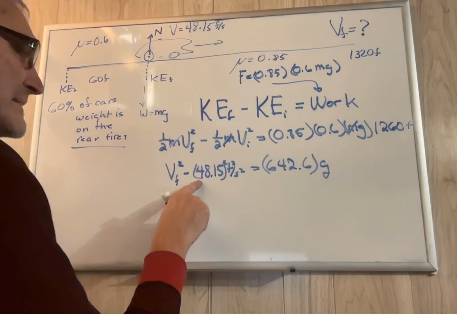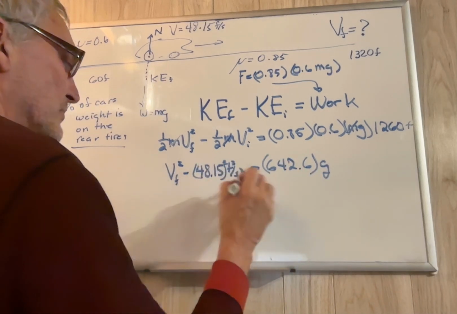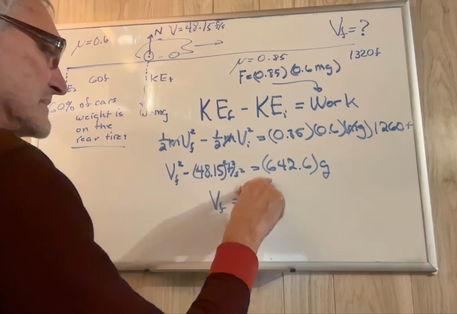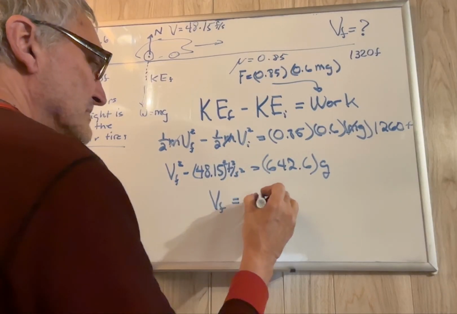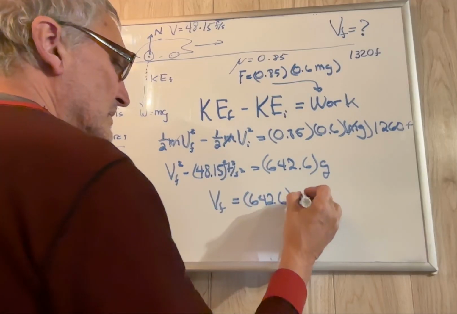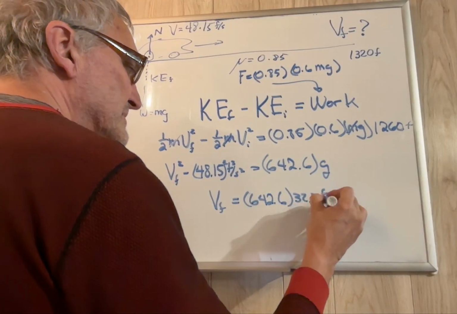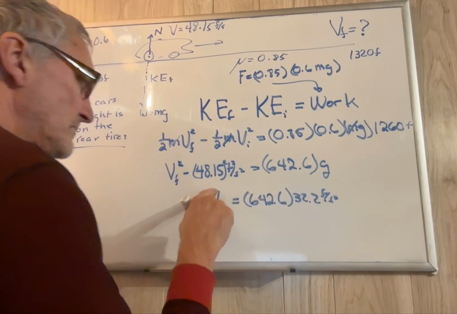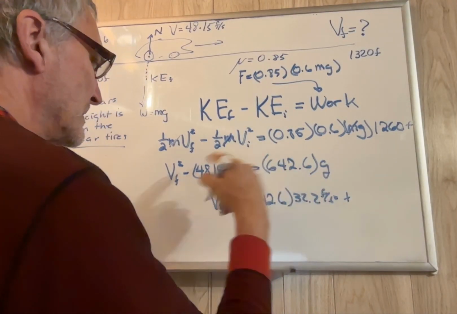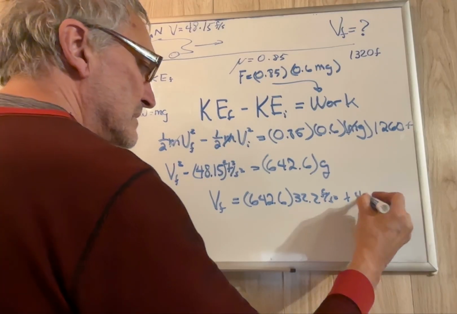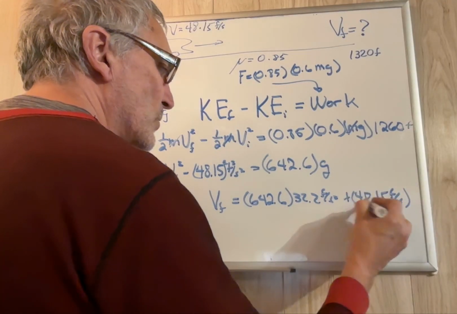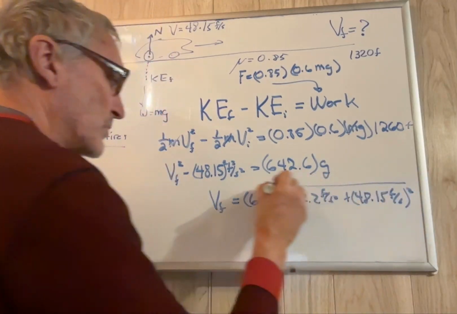Now we're going to add this side to that side, and we're going to take the square root. So my velocity final is going to be equal to 642.6 times 32.2 feet per second squared, plus 48.15 feet per second, and this whole thing is squared, and then we're going to take the square root.